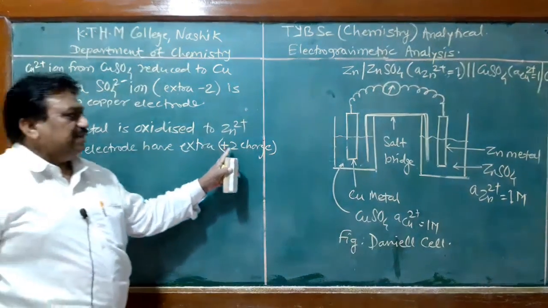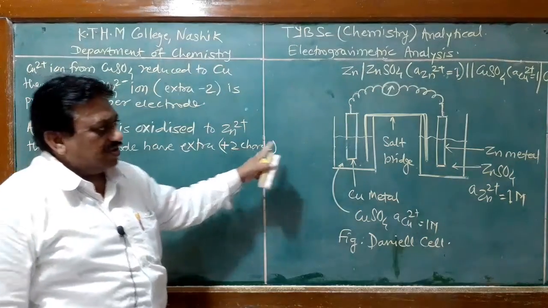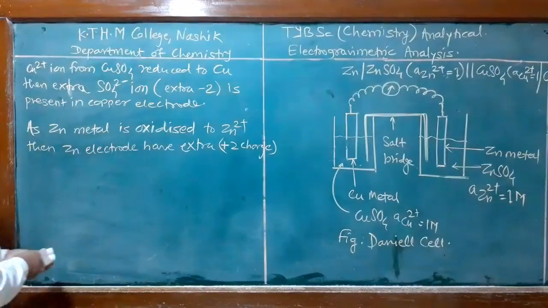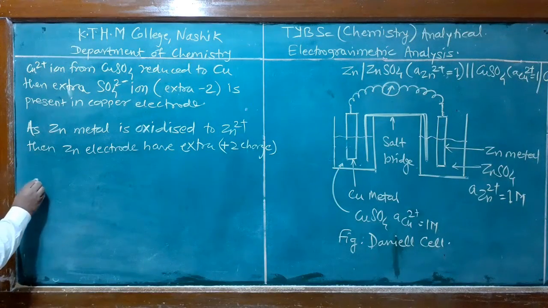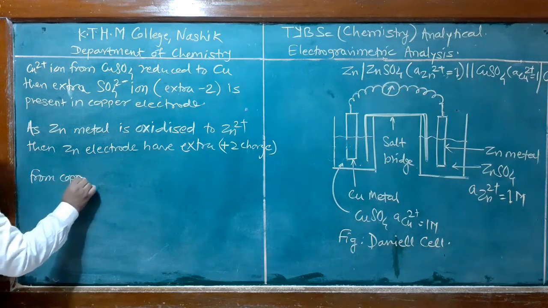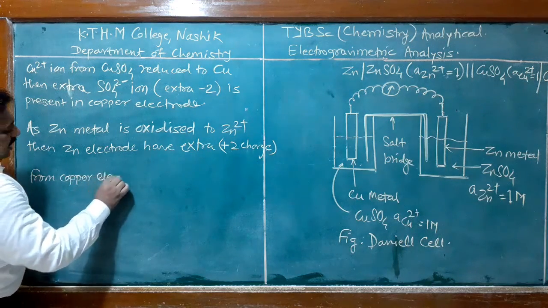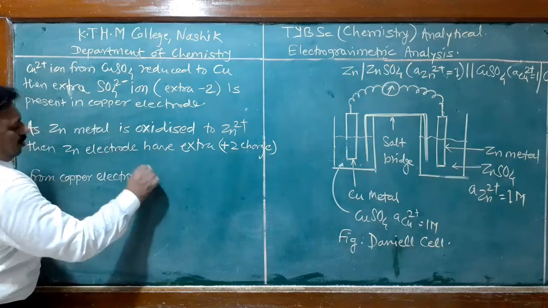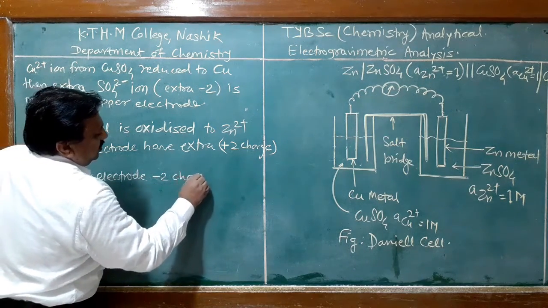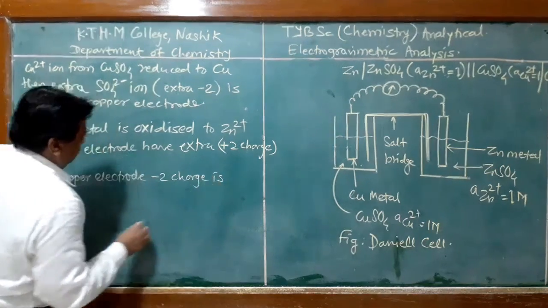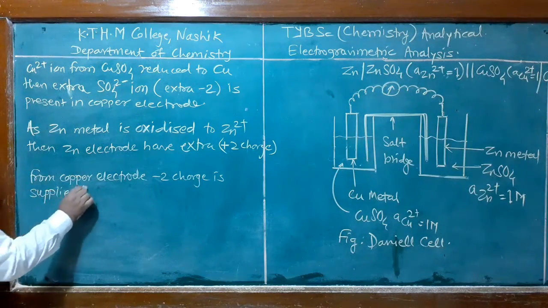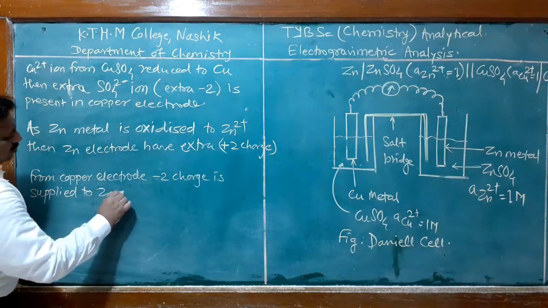Therefore, to nullify the charge which is extra on the zinc electrode as well as the copper electrode, -2 charge is supplied from the copper electrode to the zinc electrode.